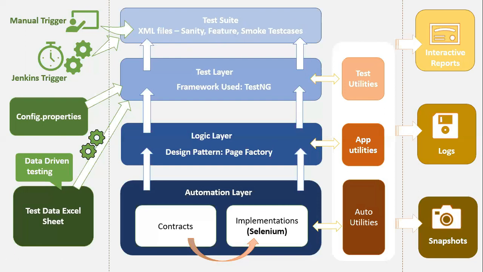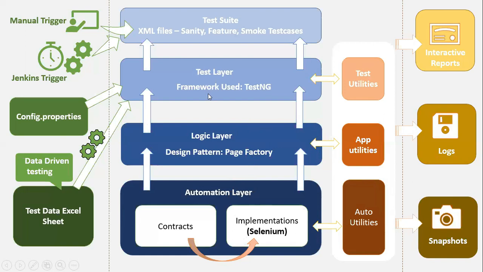The main point of this framework is that each layer is like a plug in and plug out. So if, let's say, you don't want Selenium, just plug out this implementation part and introduce something different. Then if you want to use the same framework for some other application, you just have to pull out this layer and introduce a new one.